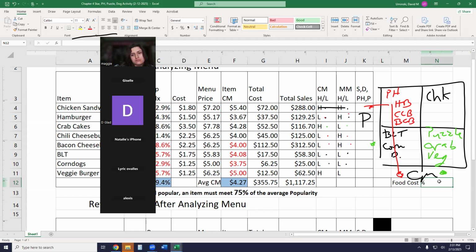So our cost divided by sales, our total cost, $355.75, divided by our total sales of $1,117.25.